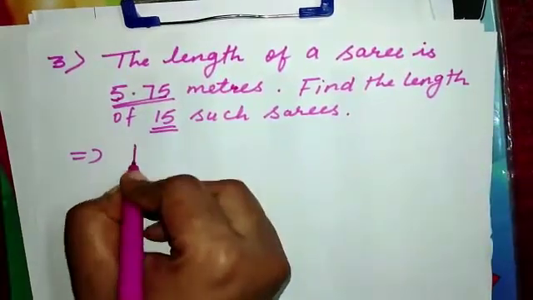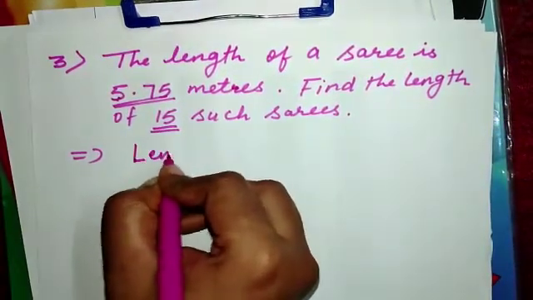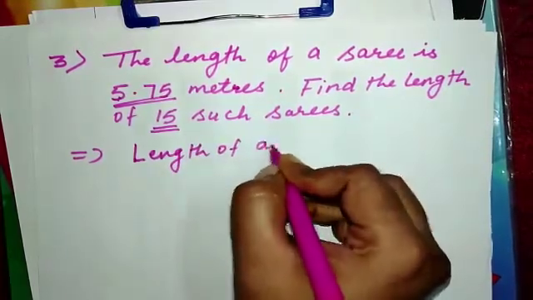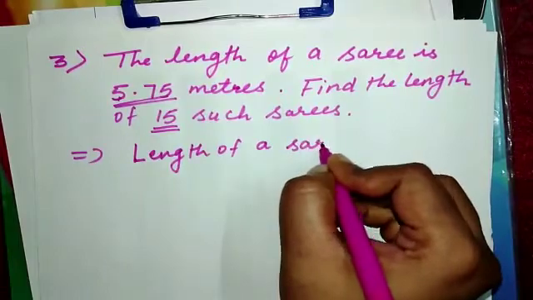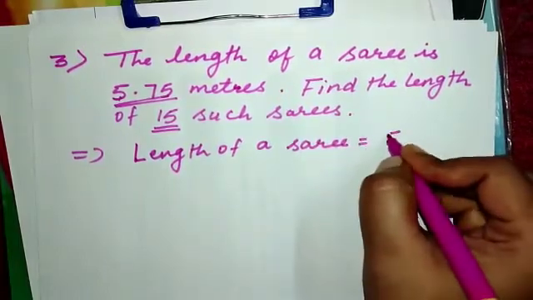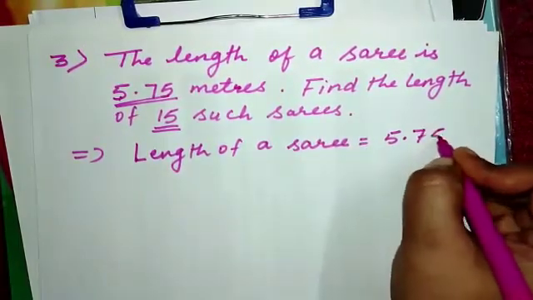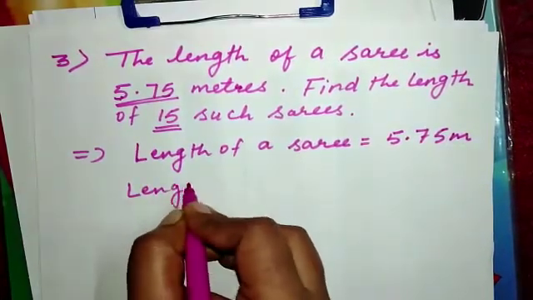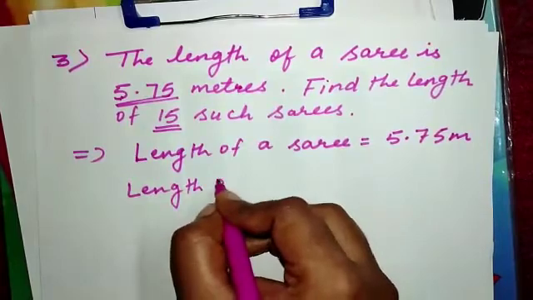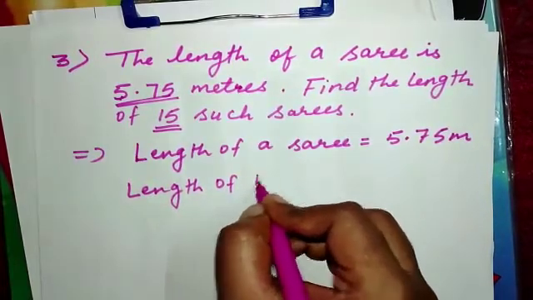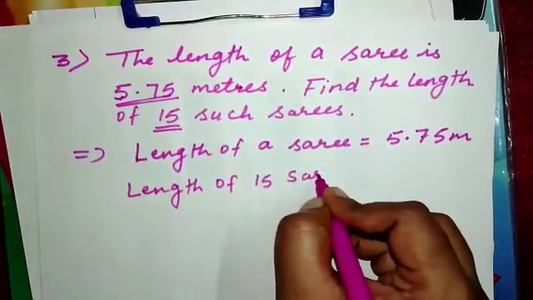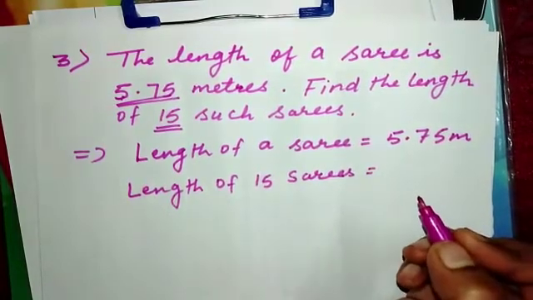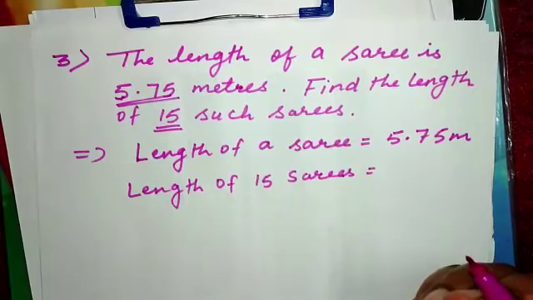So we will write, first we will see the length of a single sari, that is 5.75 meter. So if we get 15 saris, what will be the length?